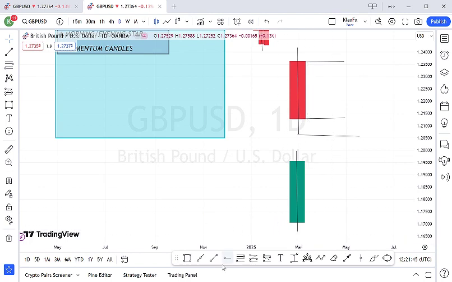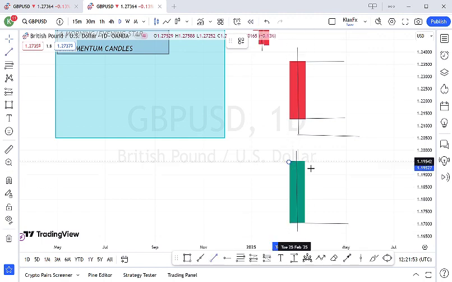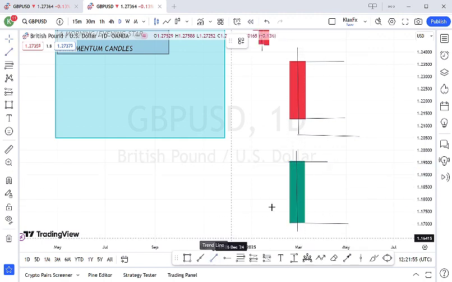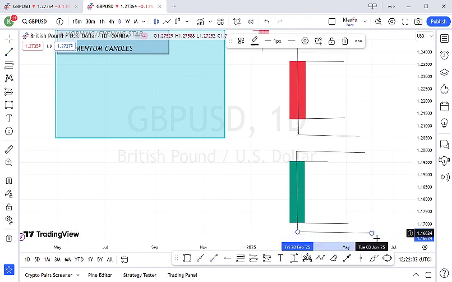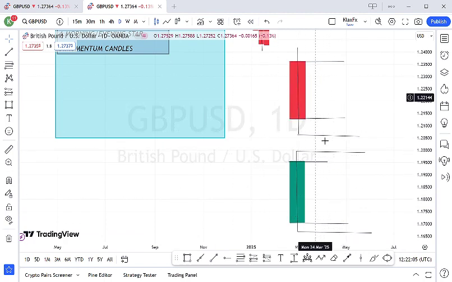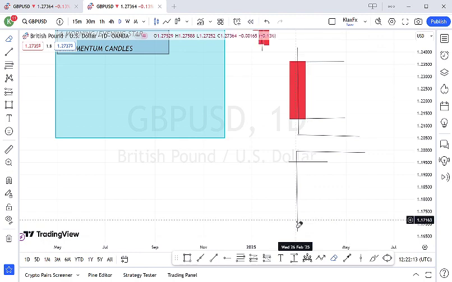So for a bullish candle, it opens below and closes above, and this place still remains the highest point, which is the high, and this place remains the low of the candle. So this is how every candlestick is represented in the market. Let me just clean it and go back to the study.